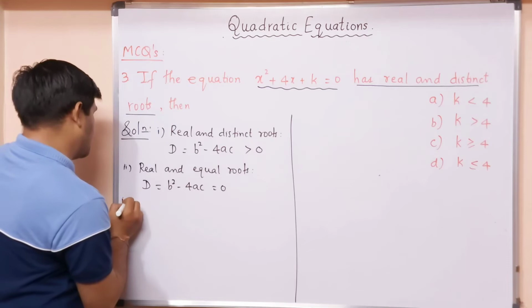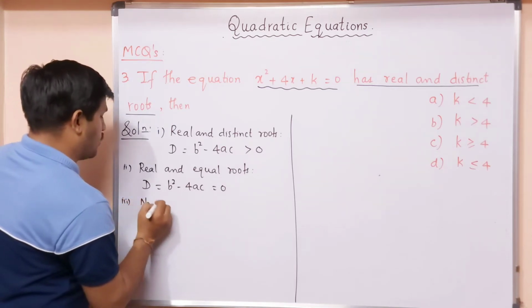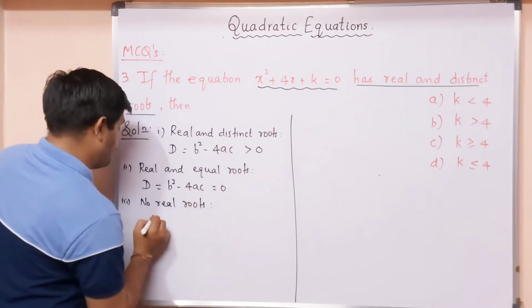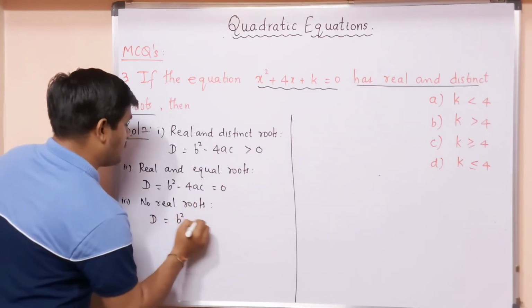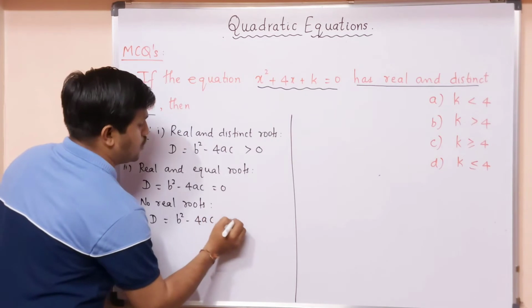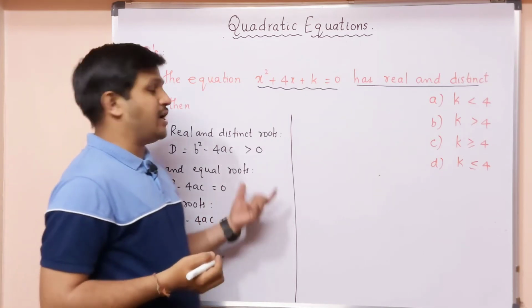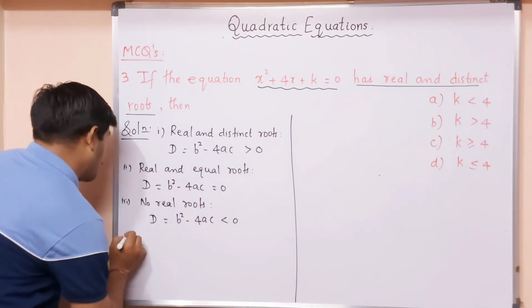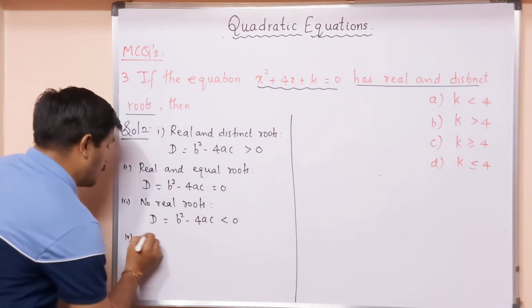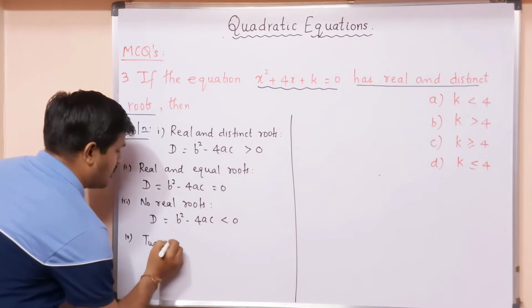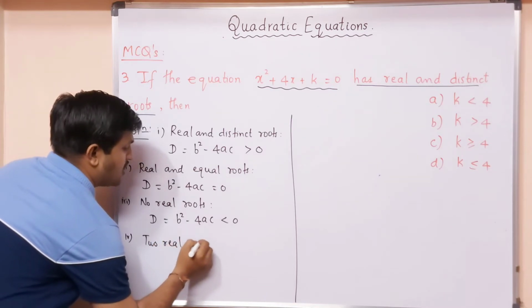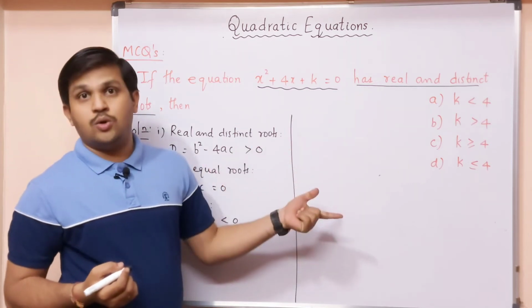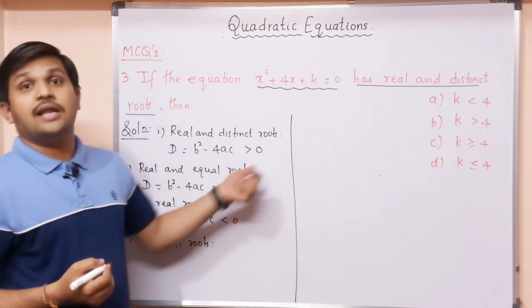The third condition is that if there are no real roots, what does the condition say? Discriminant b square minus 4ac is less than 0. If it is less than 0, you don't get any roots for the given quadratic equation. In certain MCQ questions, you will get two real roots. What is the meaning of it? If two real roots, it can be a real and distinct root, or it can be a real and equal root also.